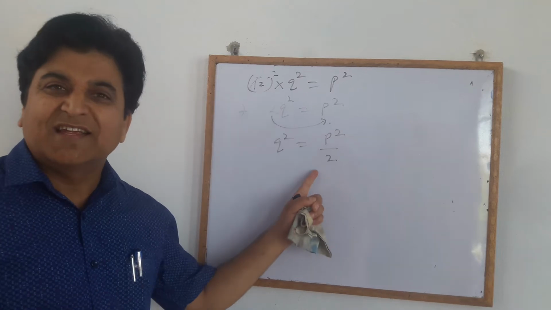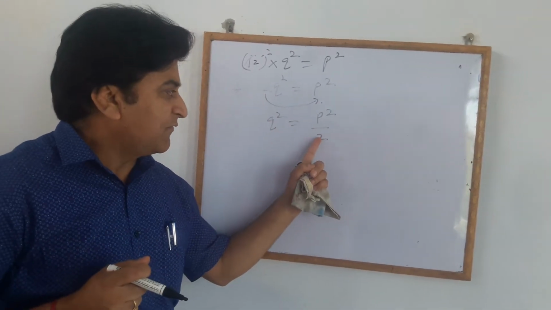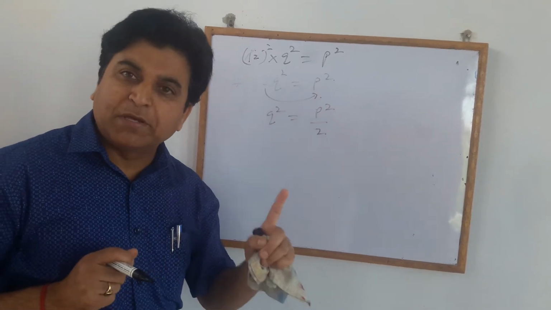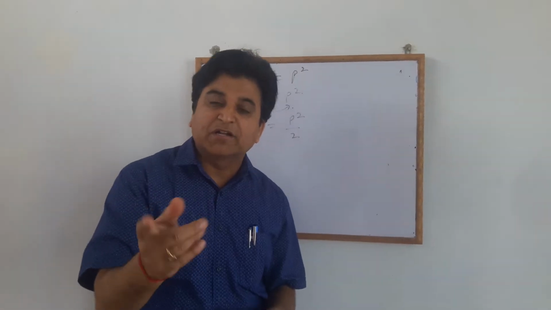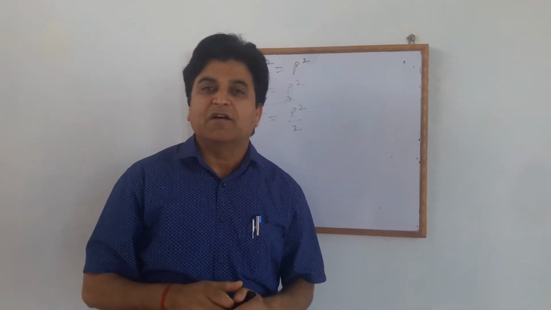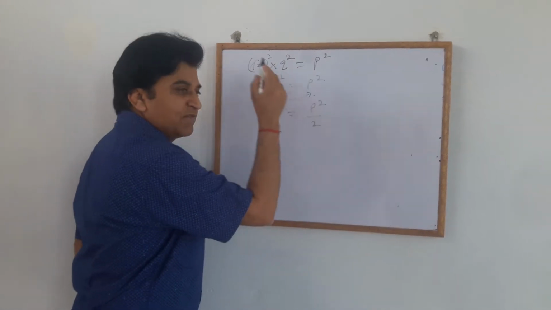What it means? It means that 2 divides p square, and we know if 2 divides p square, so it divides p also, and we also know that if a number divides another number, it means the first number is a factor of the second. I mean to say 2 is a factor of p.